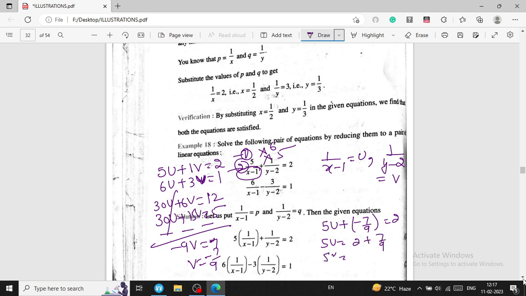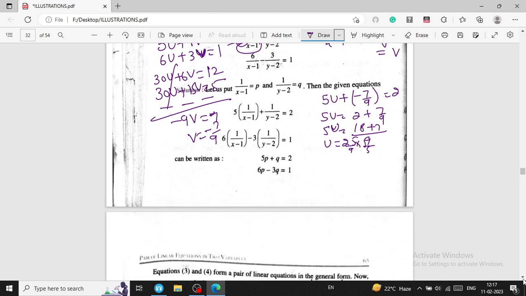Take the LCM. 9 times 2 is 18 plus 7, 25 by 9 multiplied by 1 by 5. Now you can cancel this value, 5 times 5 is 25, and we will find u is 5 by 9 and v is minus 7 by 9.